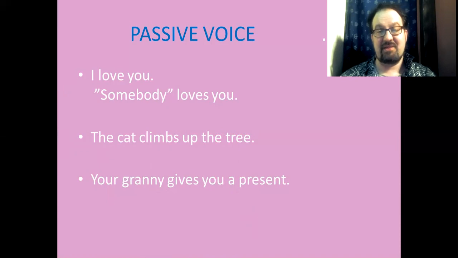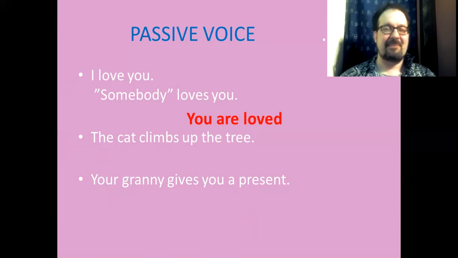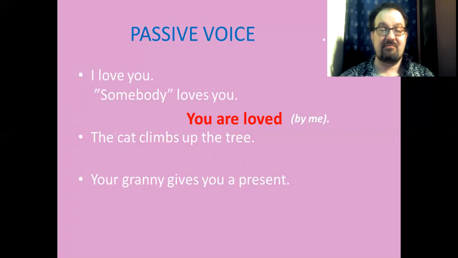It might not be important, or as you will see later, it is especially important. So when you restructure the sentence just the way as we saw with crocodiles eat zebras, if I love you, then you are loved by me, if you like, but that part can be omitted from the sentence.